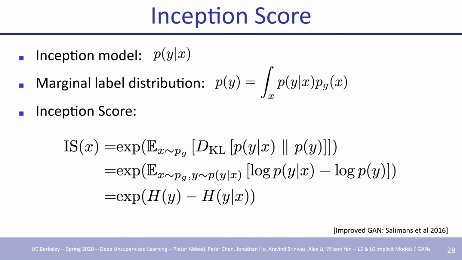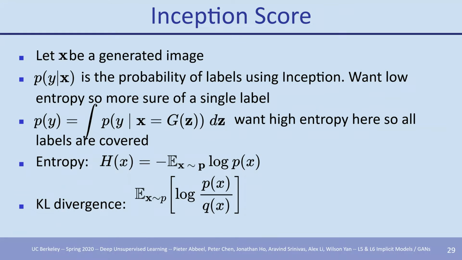Okay, I made another slide so we can just transition here, before we go back, because it's a whole bunch of formulas. So let X be our generated image from the generator. And p(y|x) is the probability of labels using inception. As we said before, we want low entropy so that it's sure that we generated one thing.